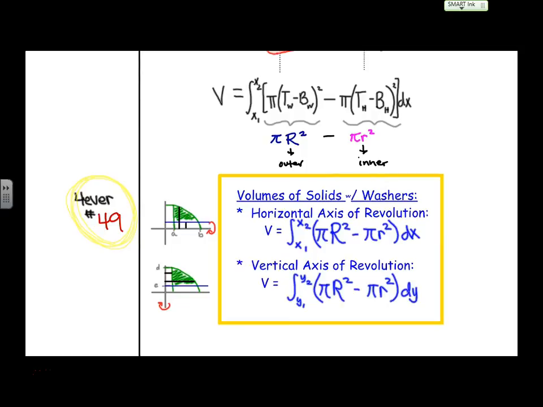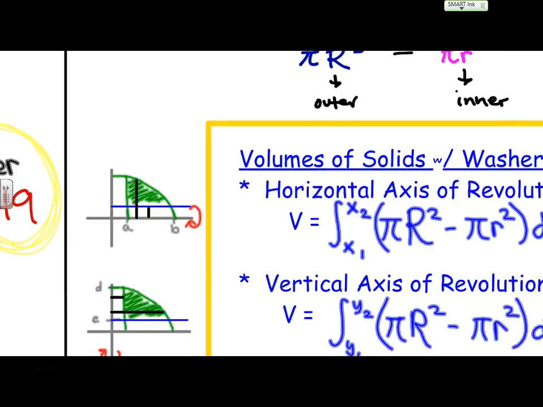For a horizontal axis, I could show all that same work I did just a second ago in the sense of, hey, we can say horizontal axis, we're going to have a dx because the depth is dx, which could be seen up here. We can think of the top minus the bottom of the hollow region being little r, the top minus the bottom of the whole region as being big R, just for the sake of it being clearly seen from our seniors later.